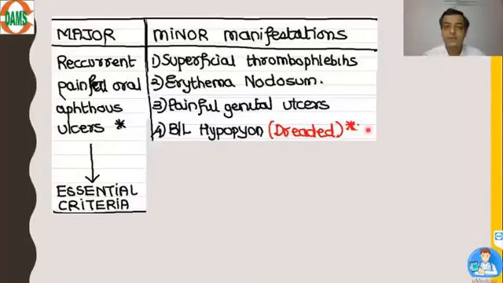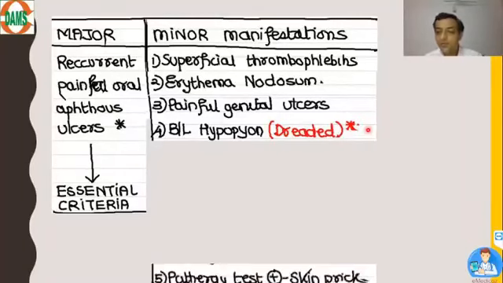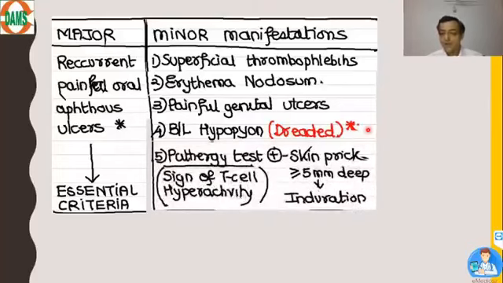Here it is due to bilateral hypopyon formation. And number 5 is the pathergy test. Pathergy test is a sign of T cell hyperactivity.